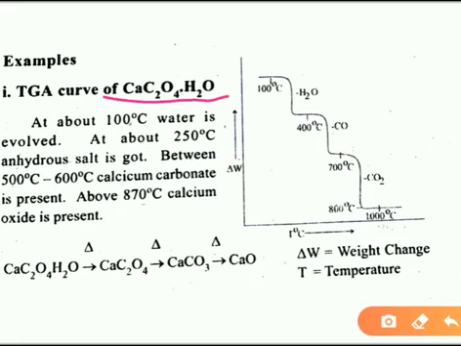CaC2O4.H2O. When we heat it, at about 100 degrees Celsius the calcium oxalate monohydrate loses the water molecule, and then at about 250 degrees Celsius the anhydrous salt is obtained. Then when we increase the temperature to about 500 to 600 degrees Celsius, the calcium oxalate dissociates and gives calcium carbonate.